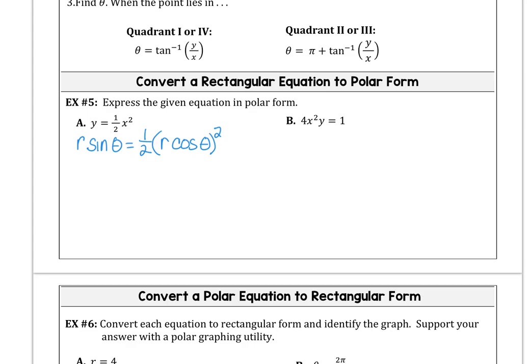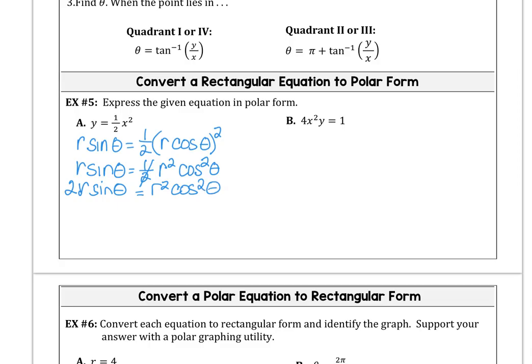If we have on the left side r sine theta is 1/2 r squared cosine squared, then we can take an r out of each term. So r sine theta, multiply this side by 2: 2r sine theta is r squared cosine squared.